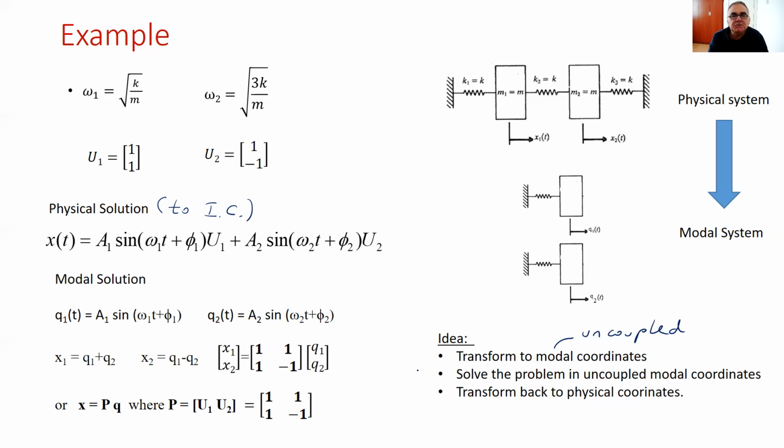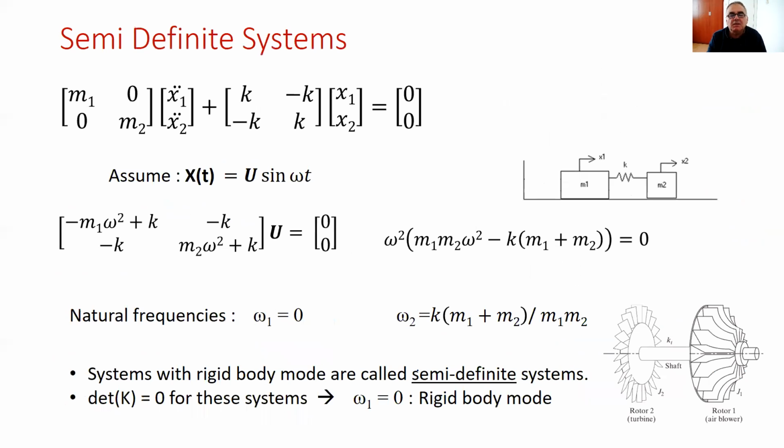Okay, so much for the coupling. There is one more thing I want to talk about in this video, and that is semi-definite systems. There are certain systems which are free to move. That is, they are not connected to the ground by a spring or a damper or anything.